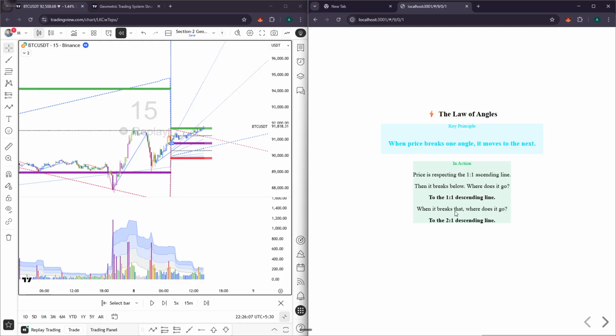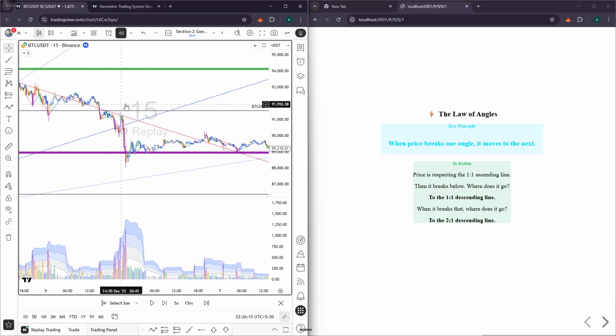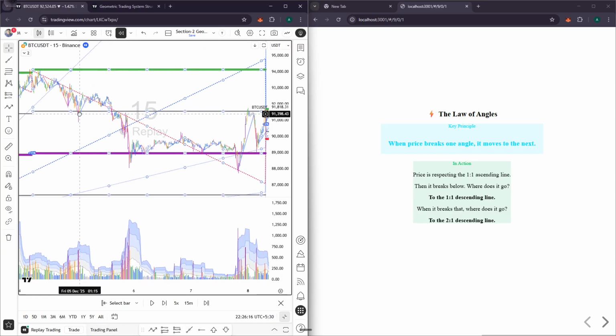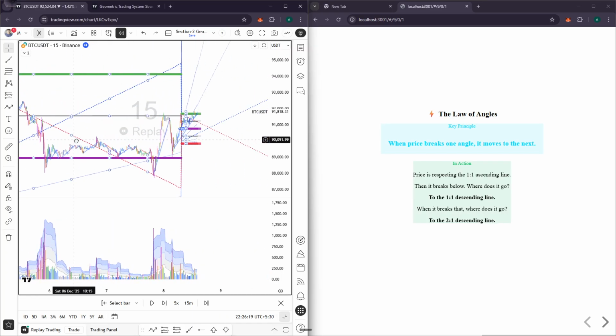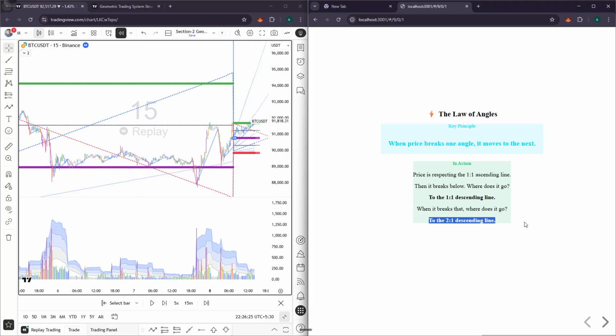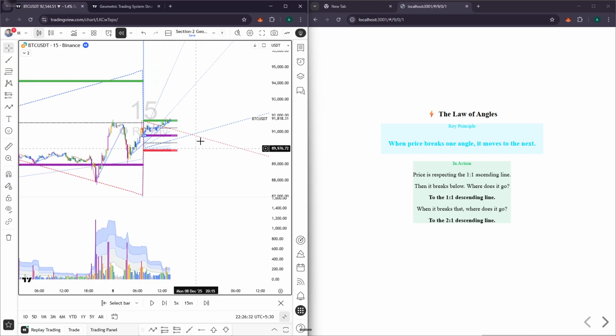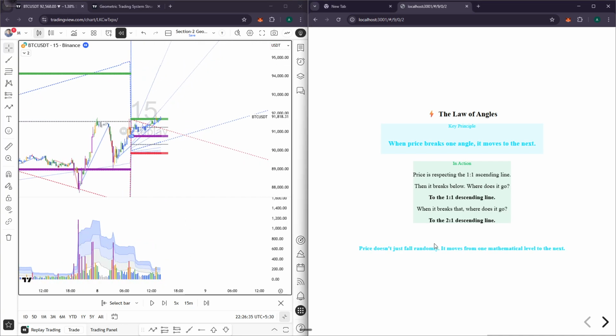Sorry, here it's like descending 1 by 1, but if your descending trend line is there, and it breaks below that, it is taking support there, but it should be like 2 by 1, like half. When it breaks that, it goes to the 1 by 2 basically. So price doesn't just fall randomly, it moves from one mathematical level to the next.